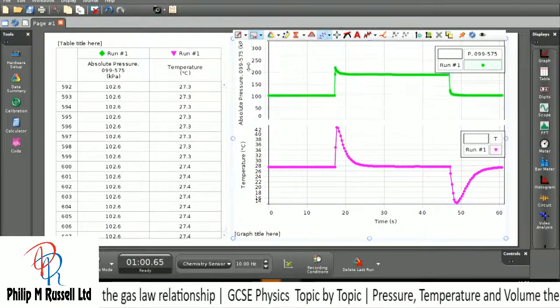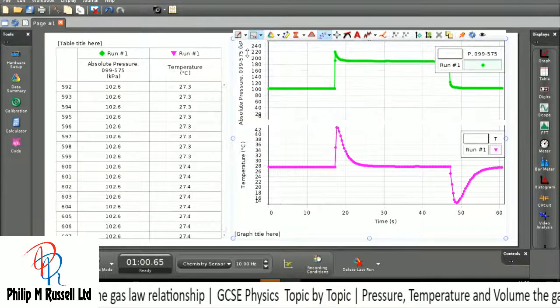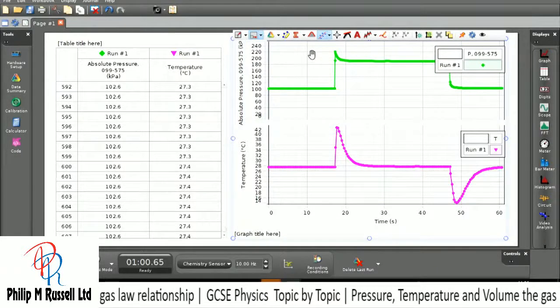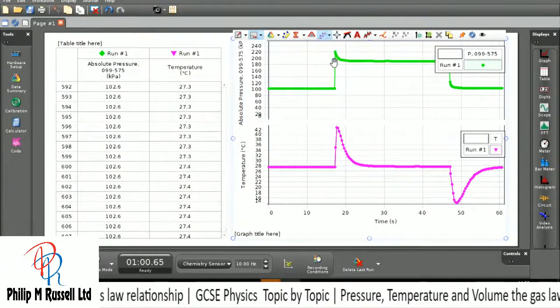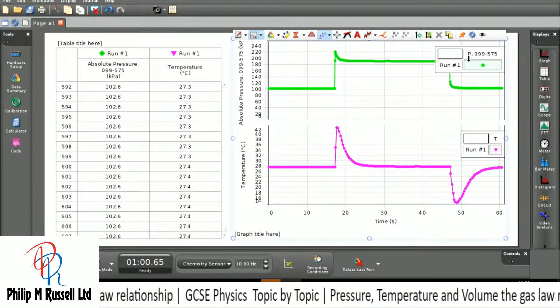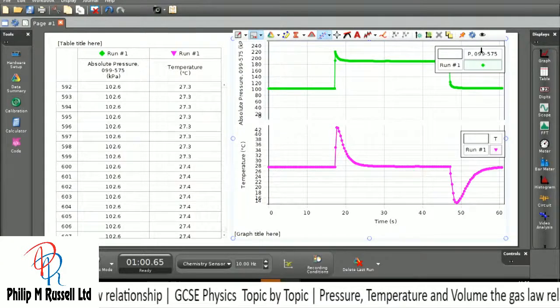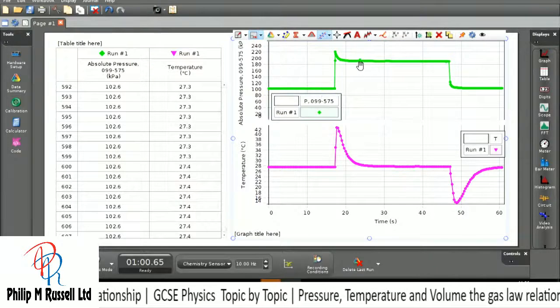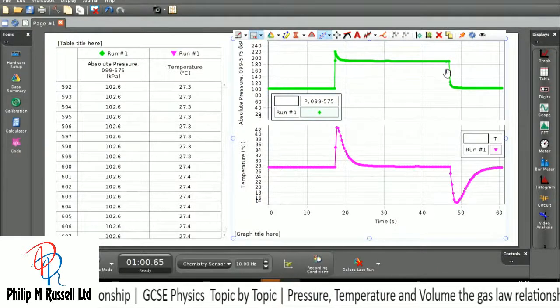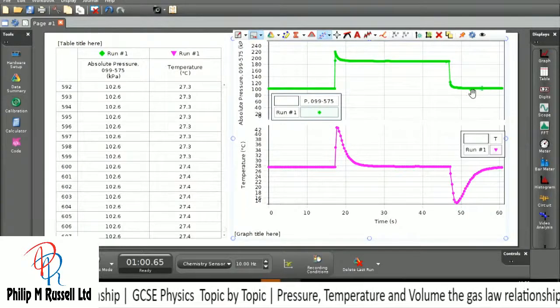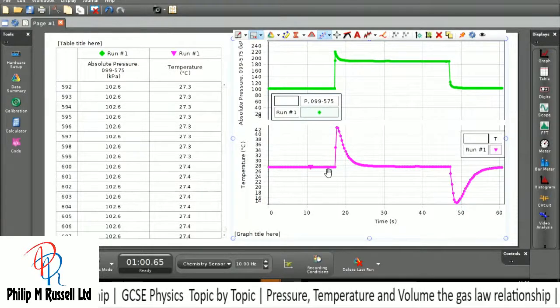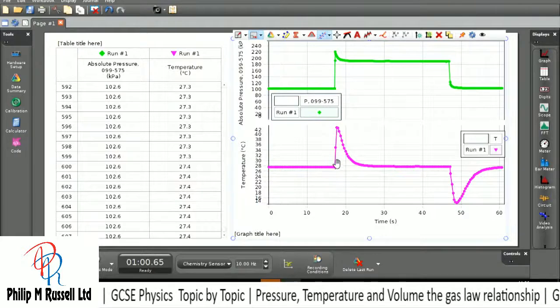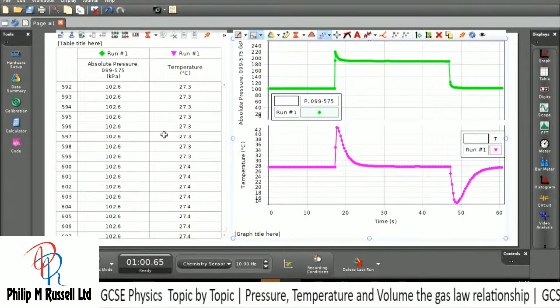Let's just increase this scale a little bit. So it actually made 220 when I pushed it down, and it stayed steady for the rest. And then when I released it, the pressure went back to 100. At the same time, the temperature skyrocketed here to about 42.